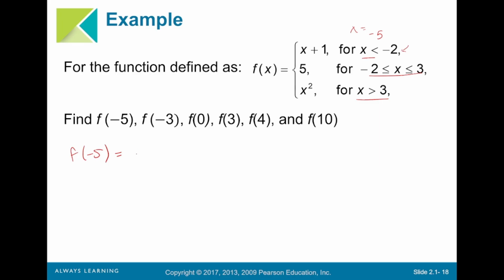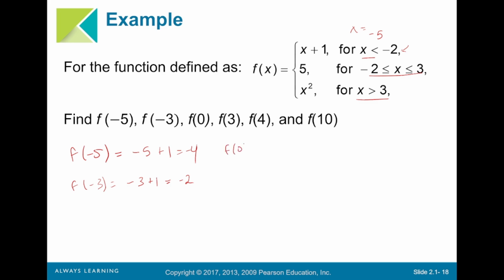So that means I want to be using x plus 1 in this case. So it'd be -5 plus 1, and that gives -4. I'm going to write it to the right, to give myself some more space. Now let's think about f of -3. Well, -3 also falls less than -2, so we're going to use that first line again, x plus 1. So that becomes -3 plus 1, which is -2.